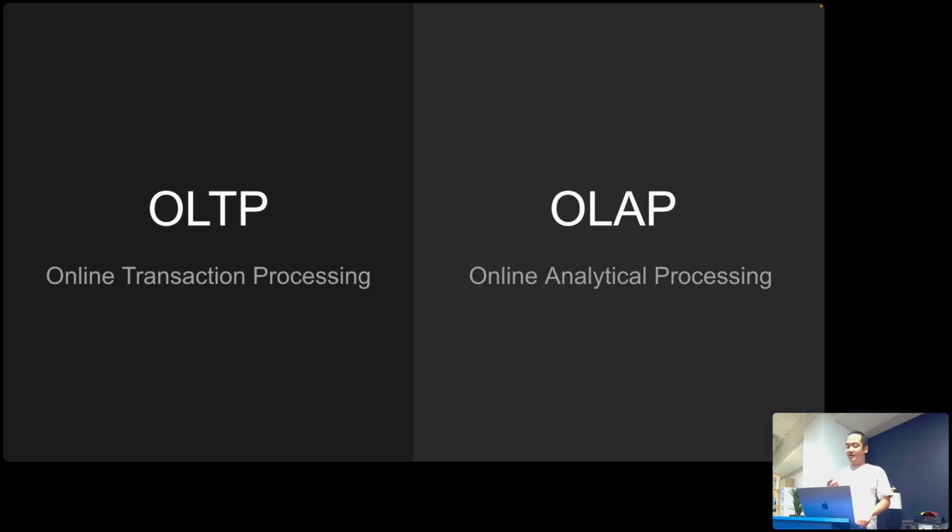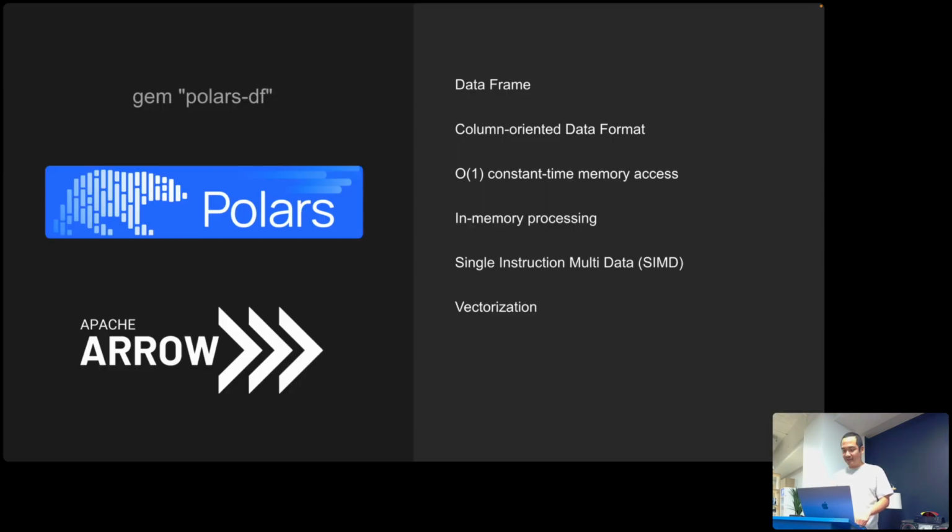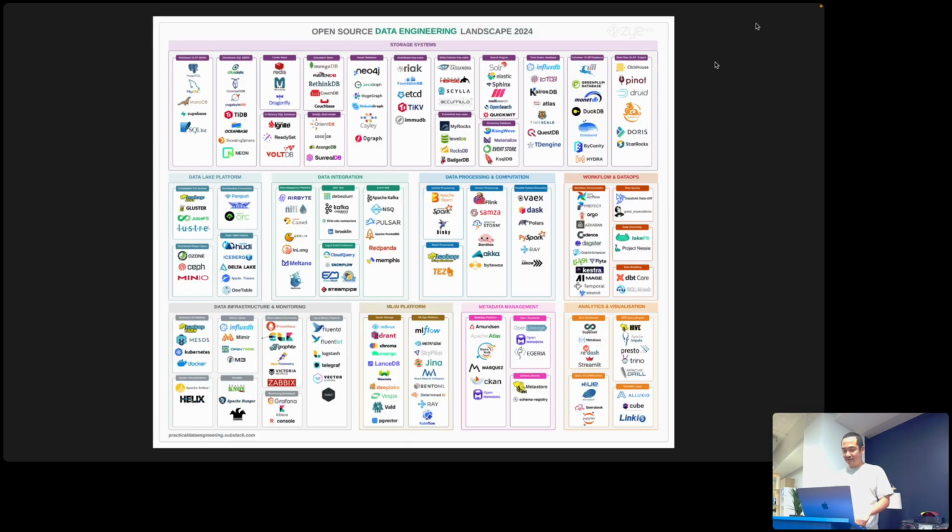But with column-based analytical processing, there are certain types of database that do this as well. Going back here, there are the likes of DuckDB, Pinot, Apache Druid. They pretty much store the data in columnar format as a database.